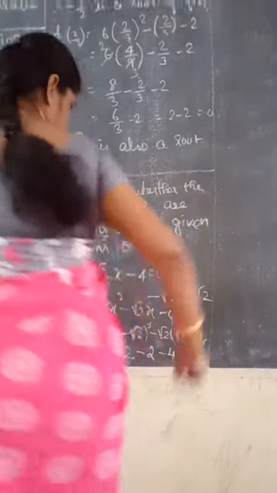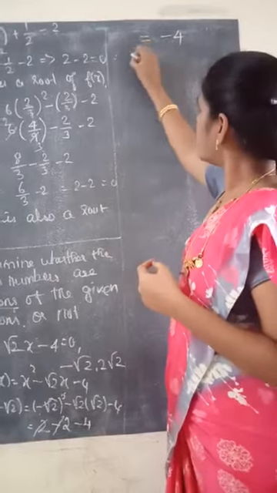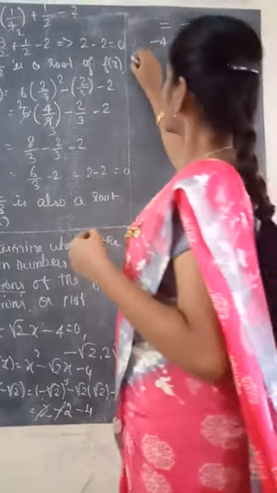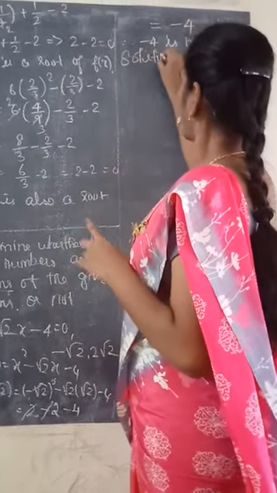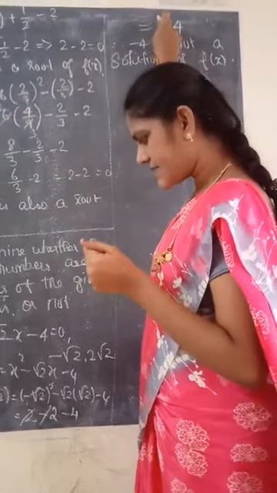Next 2 plus 2 minus 2 cancel, so the answer is minus 4. So minus 4 is not zero, because the answer should be 0.